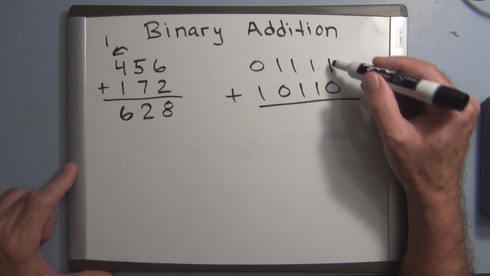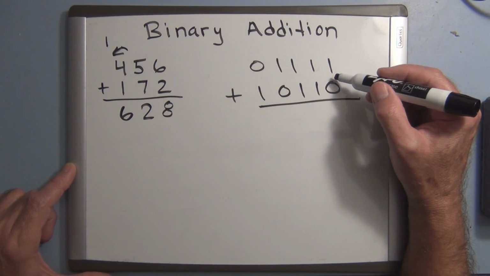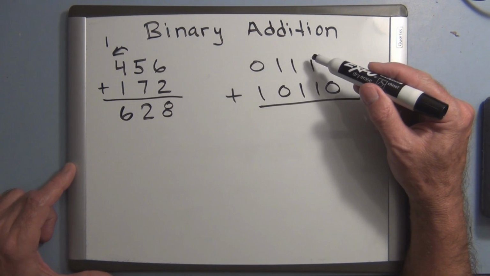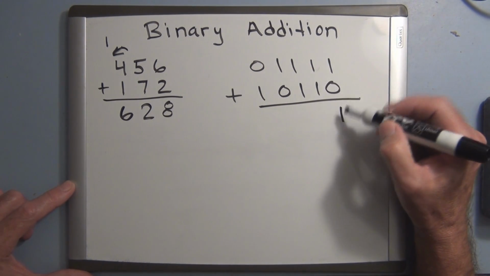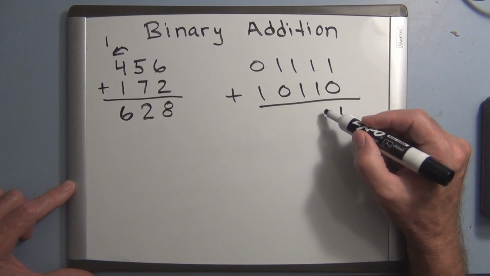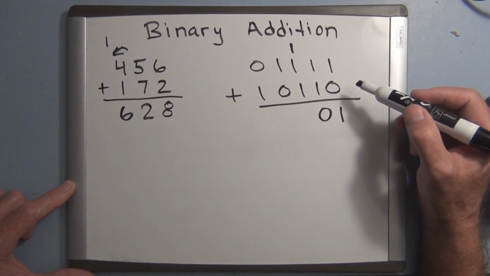Now in binary we can only have two outcomes. We have a 0, which is no carry into the next position, or we can have a 1 carried into the next position. So here we have a 1 and a 1, and that results in a 0 with a carry of 1 into the next position.